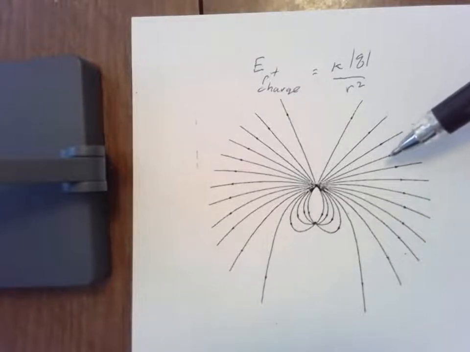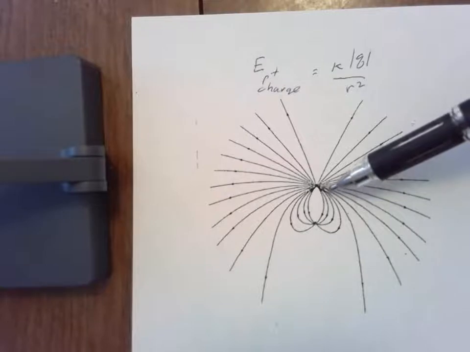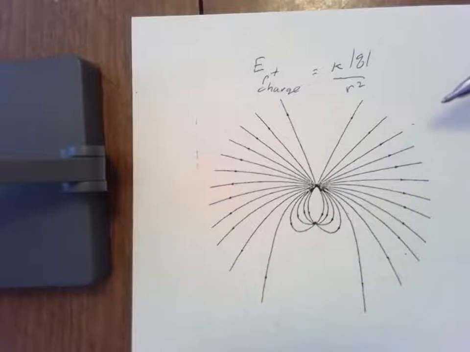And the other rule is that the magnitude of the net electric field can be seen by how closely spaced, how densely packed the electric field lines are. Where the lines are closer together, that indicates a stronger net electric field, and where they're farther apart, that indicates a weaker net electric field.